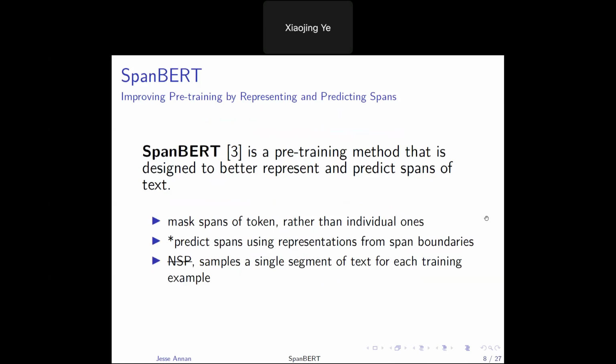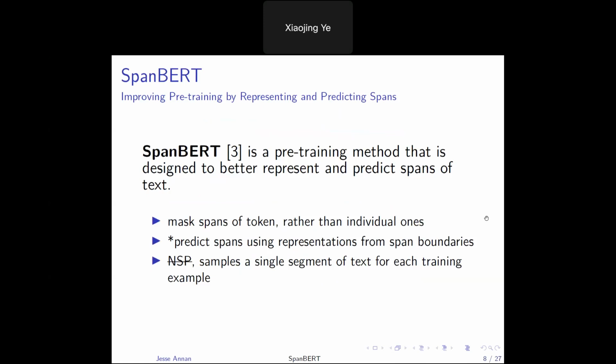Instead of masking random tokens in a sentence, they rather mask random spans of tokens. By spans of tokens, I mean words that are continuous in the sentence. BERT would maybe mask "love" and maybe "watches", but SpanBERT is saying if you want to mask "love", then we should mask tokens that are contiguous, that follow each other.